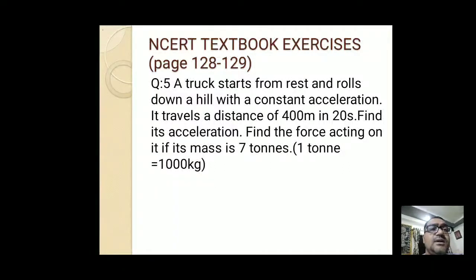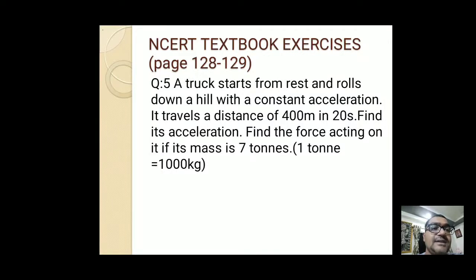Now students, let's take another similar type of example, that is our NCERT textbook exercise example. It is given on page number 128, 129, question number 5. The question is like this: a truck starts from rest and rolls down a hill with constant acceleration. It travels a distance of 400 meter in 20 seconds.